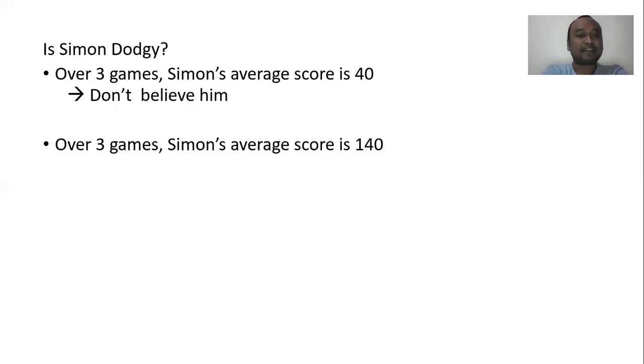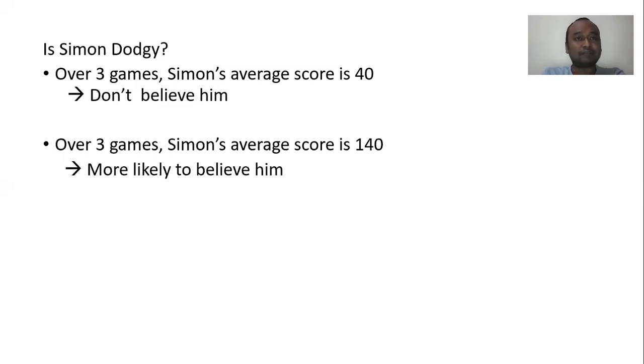Okay, pretend over 3 games, Simon's average score is 140. Now, how is it? Do you believe Simon? Yeah, I think most of you will believe him because 140 is quite near to 150, and you're more likely to believe him, although the score is 10 below his average.